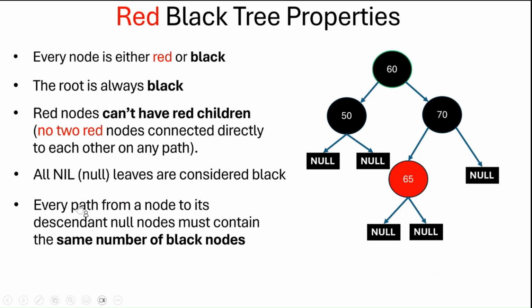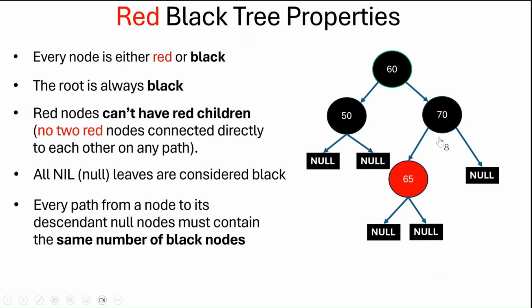The next property is that every path from a node to its descendant null values must contain the same number of black nodes, and it is true for every node in the tree. Let's say for 60, what are the paths from that node to its descendant null nodes? These are: 60, 50, this null; 60, 50, this null; 60, 70, this null; 60, 70, 65, this null.